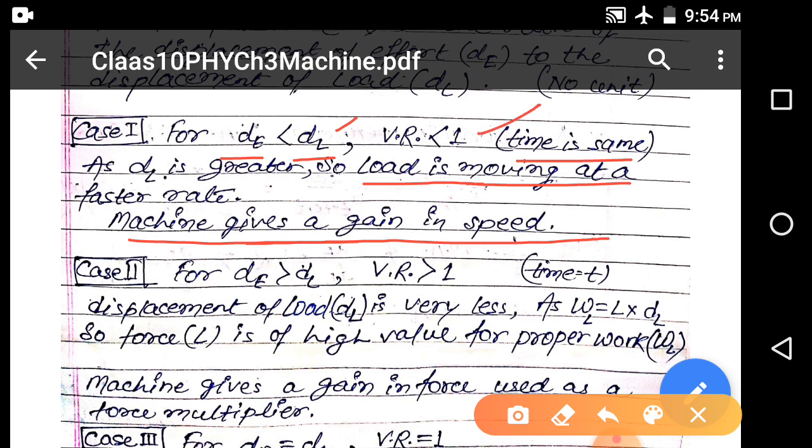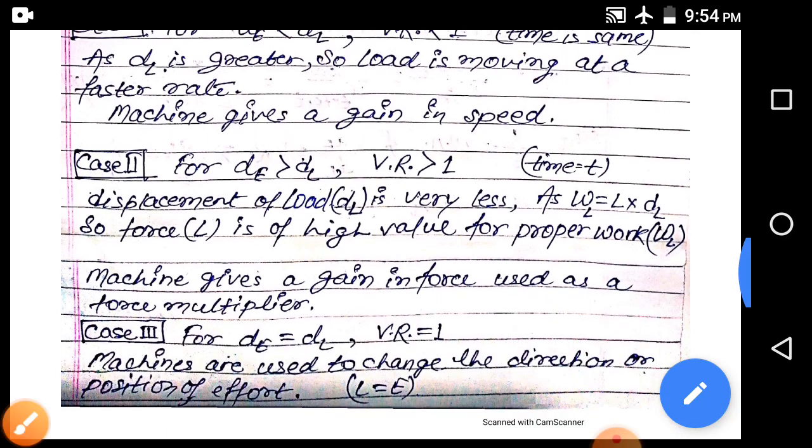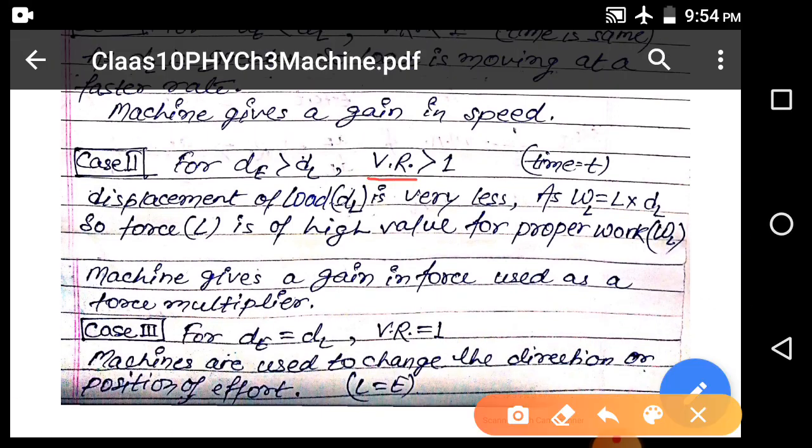Now the second case, if the velocity ratio is greater than 1, then the displacement of load is very less as compared to the displacement of the effort.